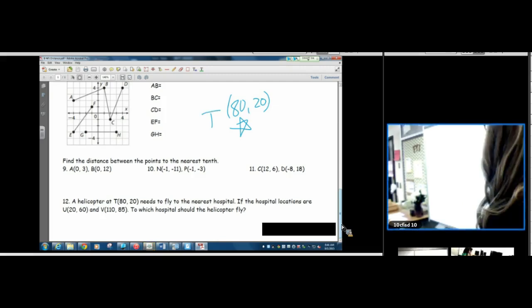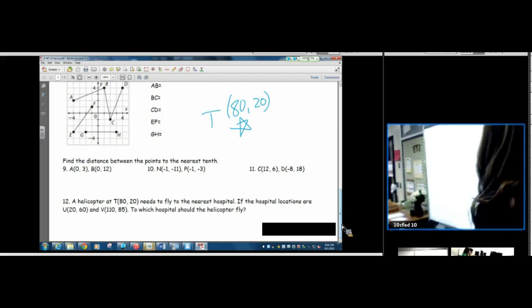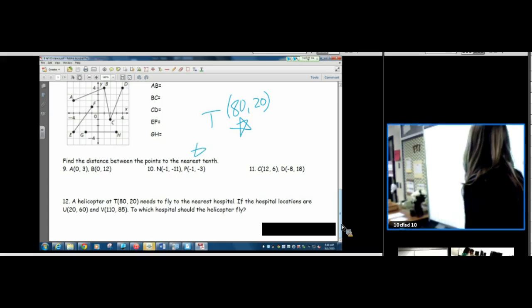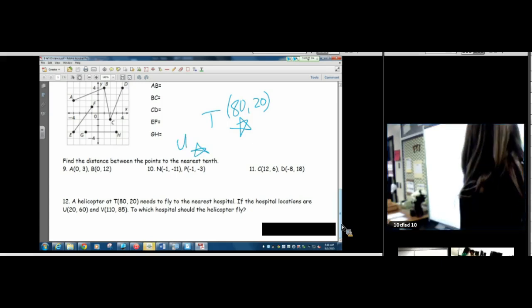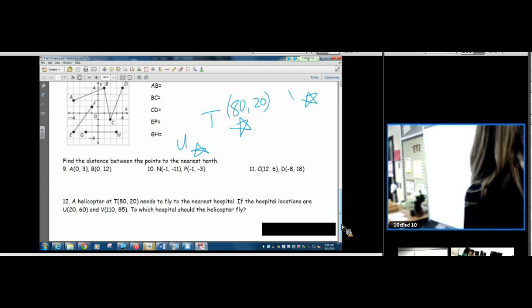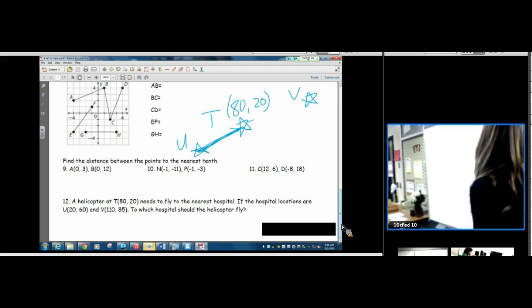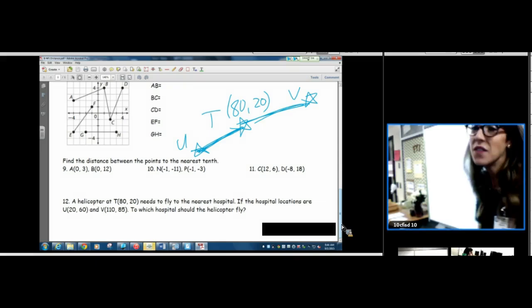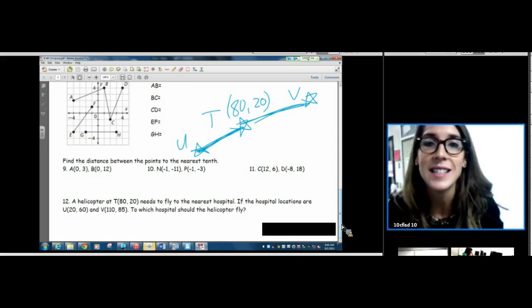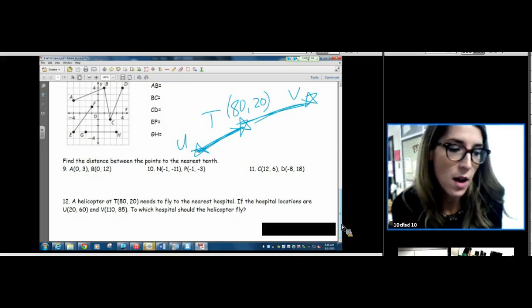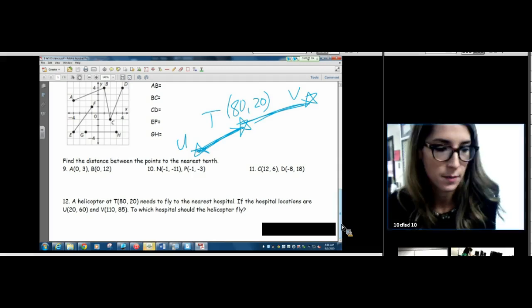You have 2 places that you could go. You could go over here to hospital U, or you could go over here to hospital V. You just need to find the distance from T to U, find the distance from T to V, and then you want to fly to the one that's closer. So you're going to pick the one that has the shorter distance.